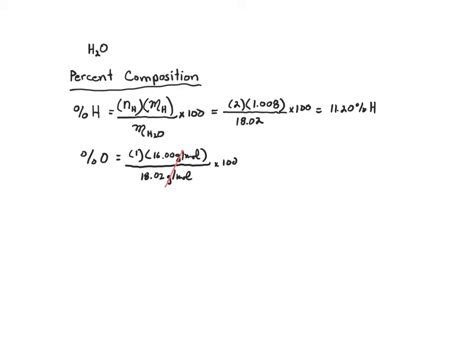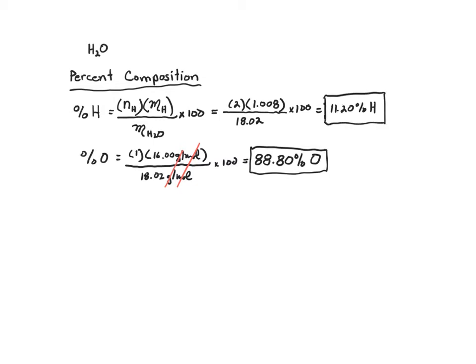You can see here the grams and moles both cancel out. Plug it into our calculator, and I wind up with 88.80%, which I guess we could have also figured out by simply subtracting the percentage of hydrogen from 100. But these are our percentages.